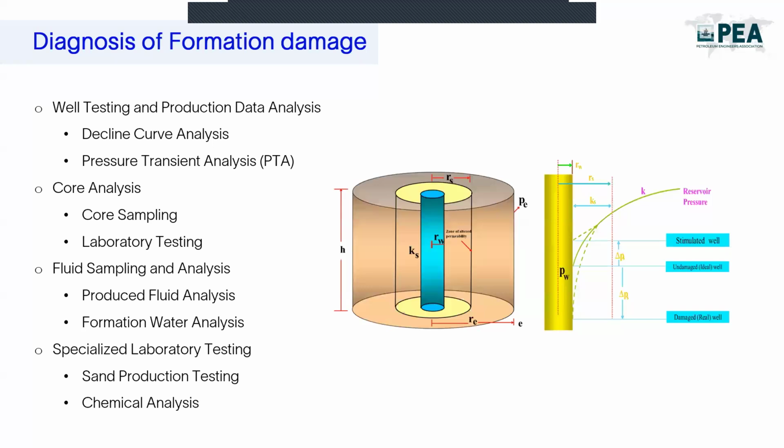There are so many things that you can do to diagnose formation damage, and usually operators can identify the type, location, and severity of formation damage by these methods. Obviously, early and accurate diagnosis is crucial for selecting appropriate remediation strategies and minimizing the impact on well productivity and reservoir performance. So we do not wait till too late to do the mitigation process.